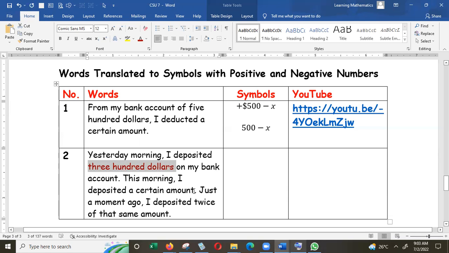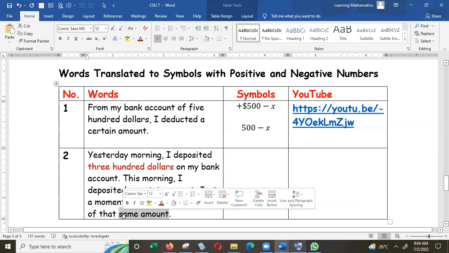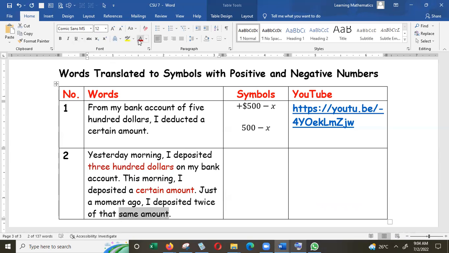A certain amount has its symbolic translation. Same amount has its symbolic translation. Well, the word amount. Twice is an important word in mathematics because it signifies quantification.